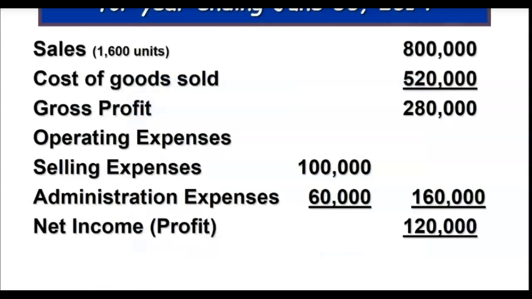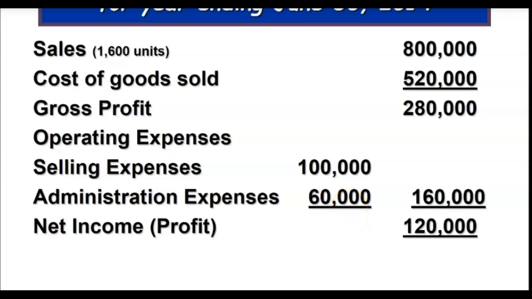Now, variable income statement. What we're talking about here is an income statement for financial accounting purposes. You see sales, cost of goods sold, gross profit, selling expense, administration expense, and net profit. That's fine. That's how it reports our operations to people outside the business.